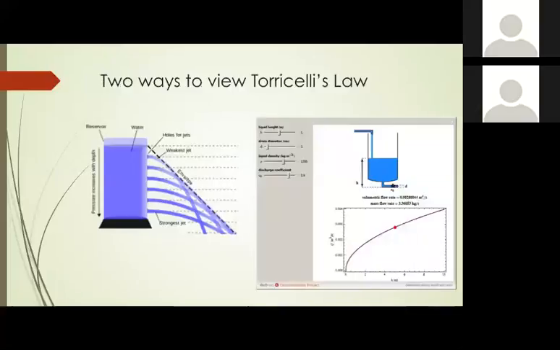There are two ways to view Torricelli's law, as it turns out, which I thought would really baffle students, but it didn't. Turns out they were amazingly inventive. The one way is that the velocity of water leaving holes on the side of a vessel is related to the square root of the depth of the water over the hole.